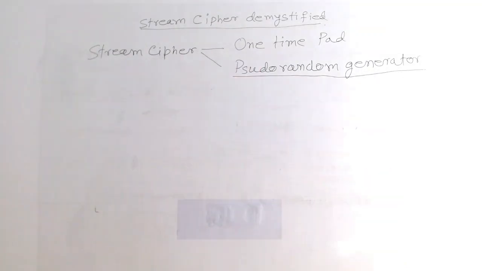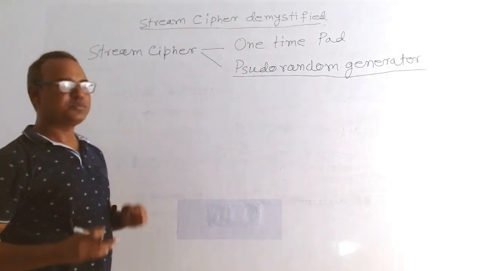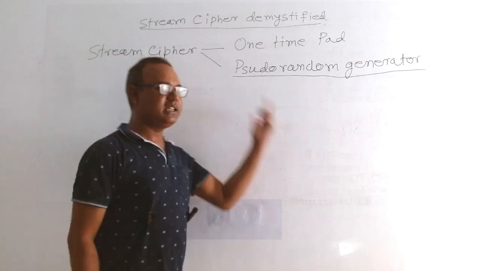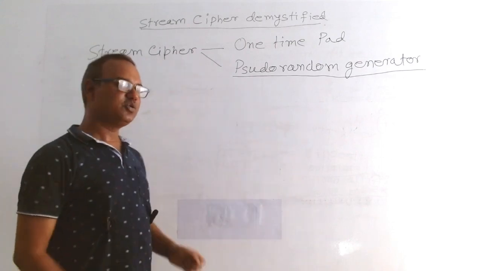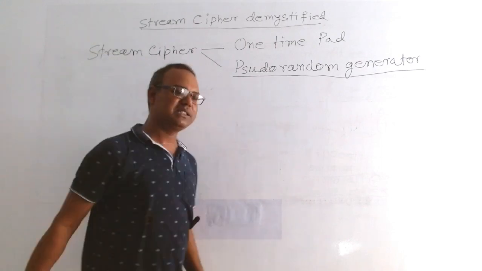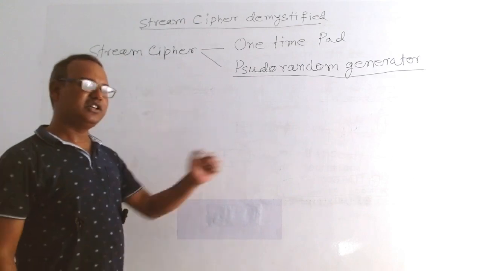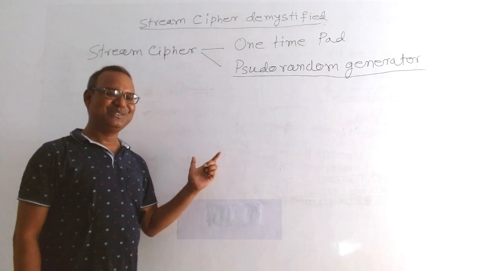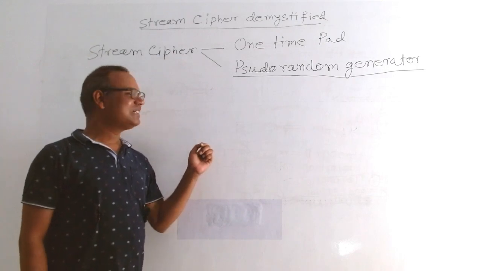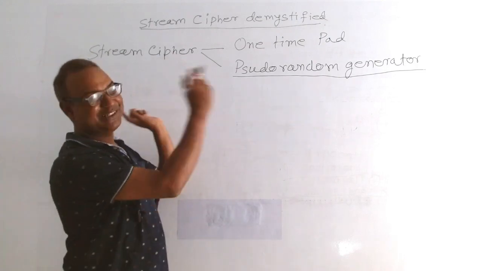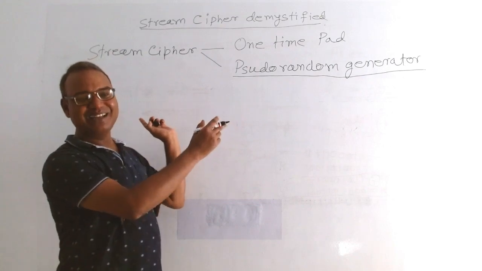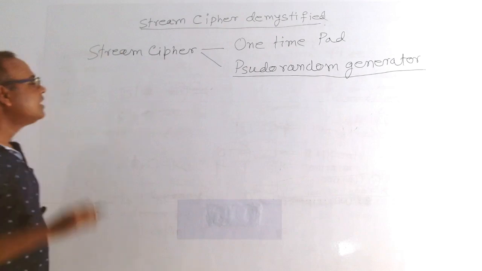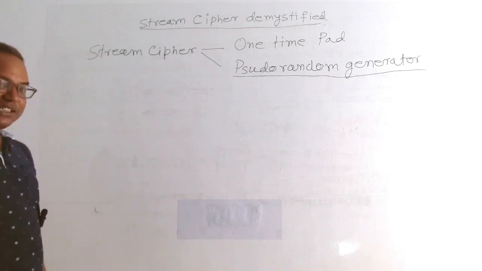OTP is a very good cipher, but the problem with OTP is the length of the key must be as large as the length of the message. So if the message is 1 million bits long, then we have to maintain a 1 million bit key, which is very difficult. And that should be shared between two parties, sender and receiver, from the beginning. That is very difficult. So, what is the alternative?